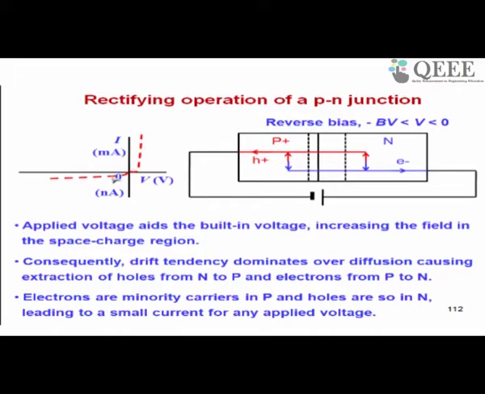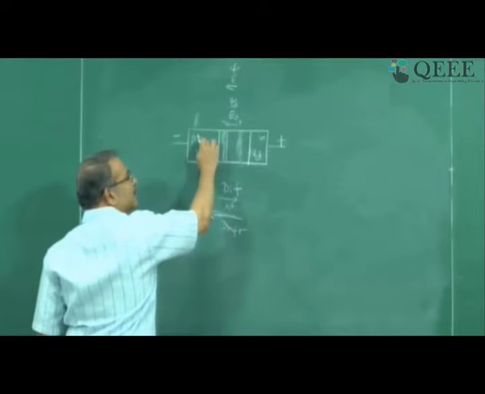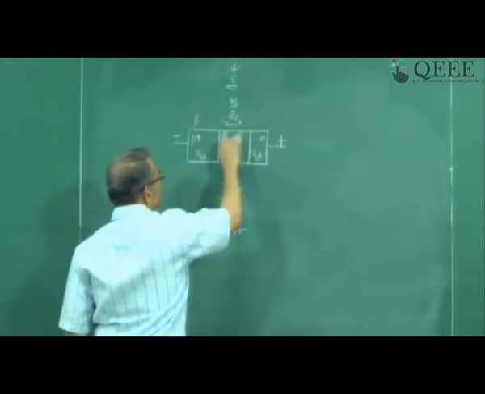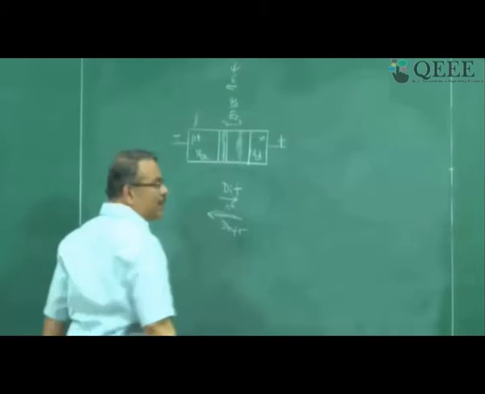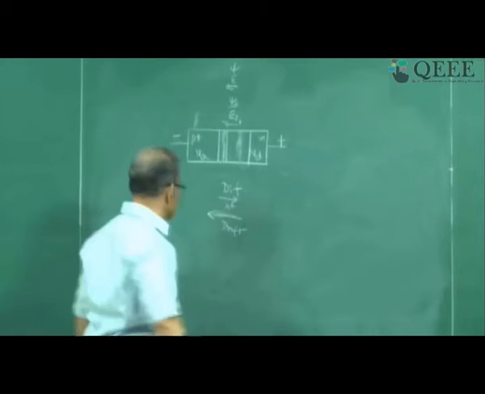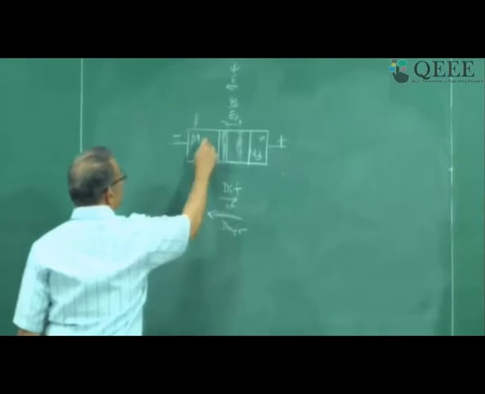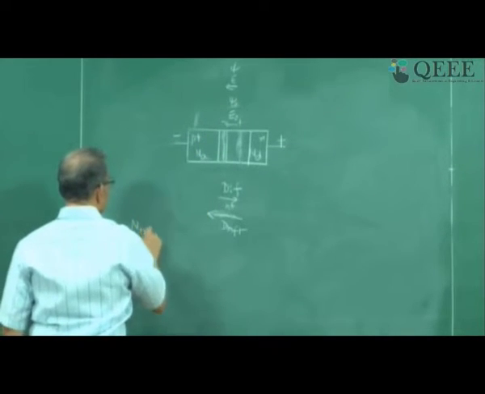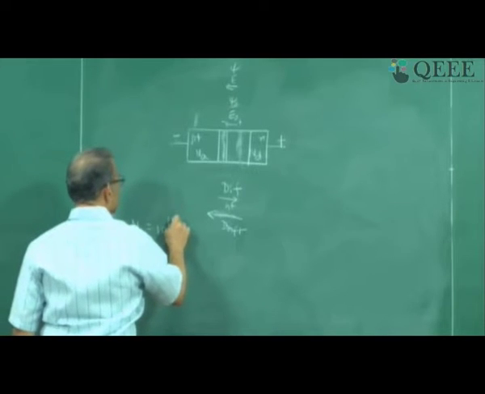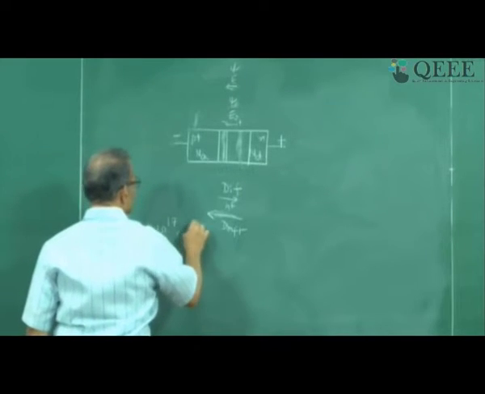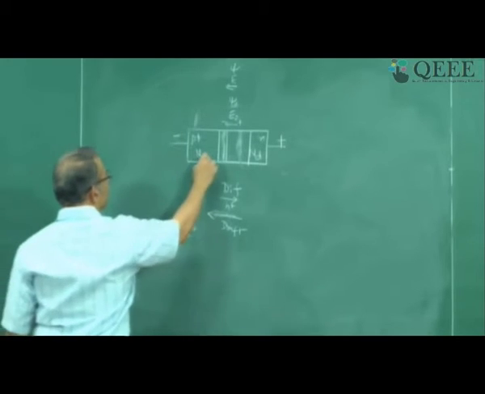We realized that in forward bias holes are moving from p to n and holes are majority here. So you have a large source of holes. Let us see the relation between majority and minority carrier concentrations. If I take, let us say, p side Na equal to 10^17 per centimeter cube. Now how many electrons will be here?